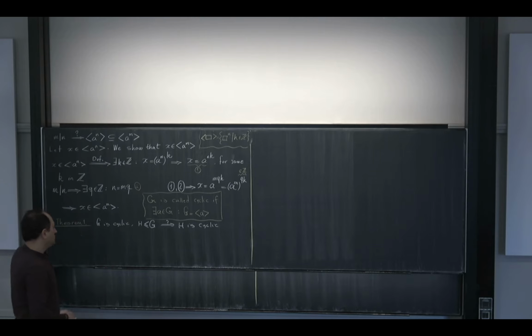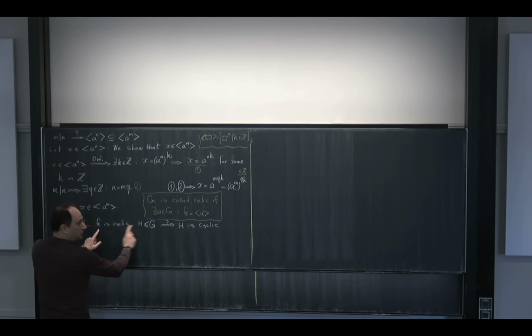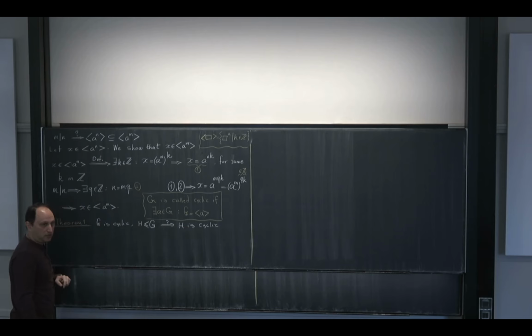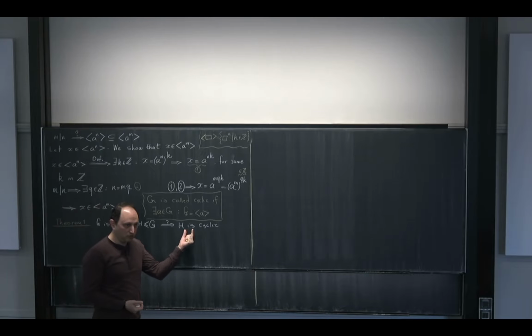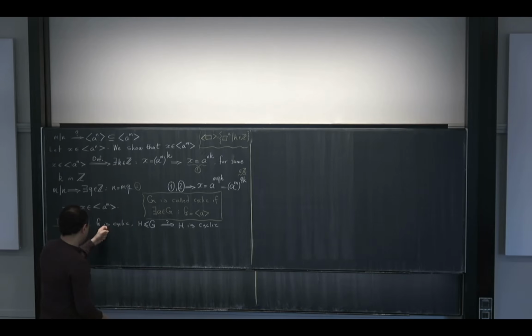Okay? So, let us translate it one by one. I have two assumptions. I have G is cyclic, and I have H, which is a subgroup of G. My goal is to show that H is cyclic. I know the goal. My goal is to find a generator for H. Yes? Okay.